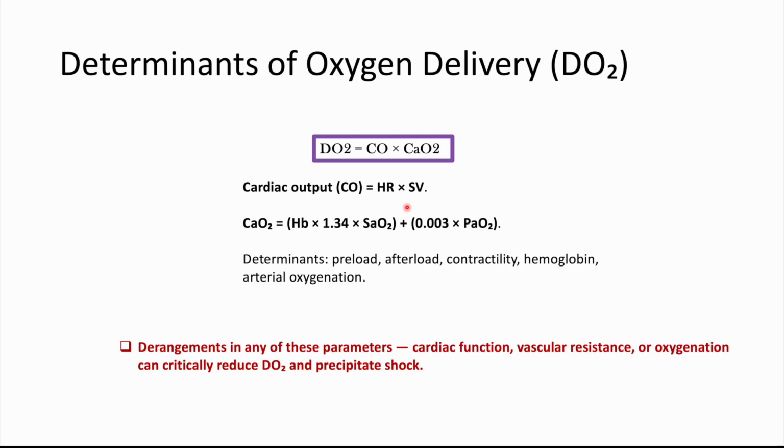This arterial oxygen content is determined by hemoglobin concentration, then oxygen saturation, and small contribution from dissolved oxygen. So any derangements in these parameters will cause cardiac dysfunction, and critically these things reduce the determinants of oxygen delivery, and this precipitates shock.